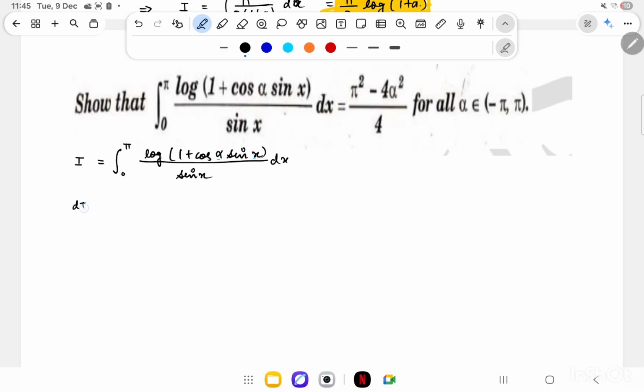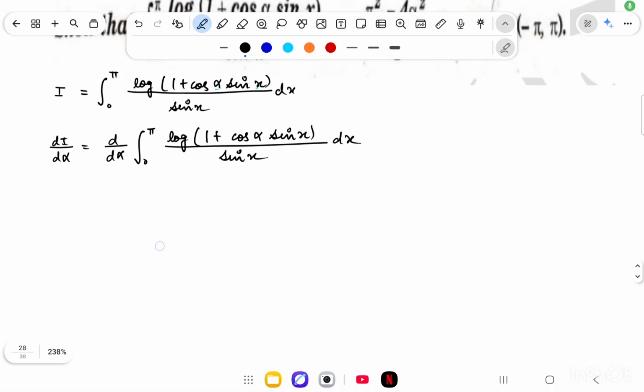So dI by d alpha will be equal to d by d alpha of the integration from 0 to pi log 1 plus cos alpha sin x divided by sin x dx.